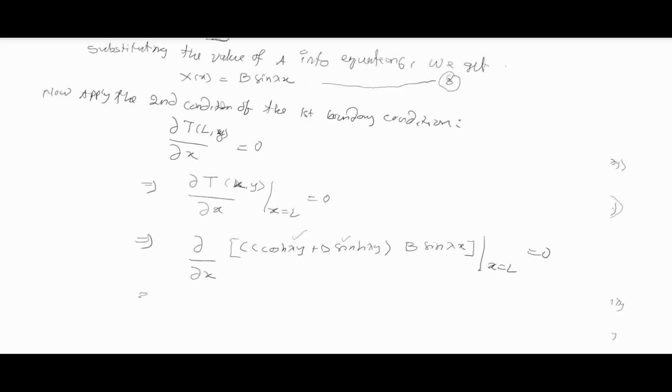So what you will get? c cos h lambda y plus d sin h lambda y, whole into b lambda cos of lambda x at x is equal to L equal to 0.